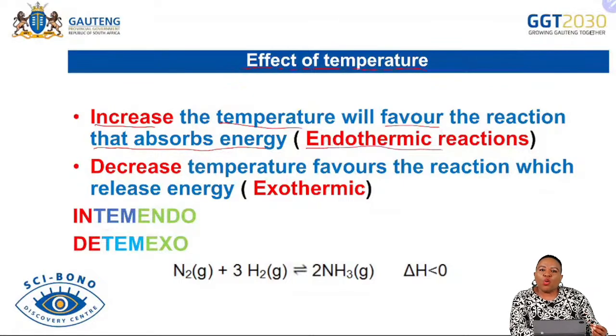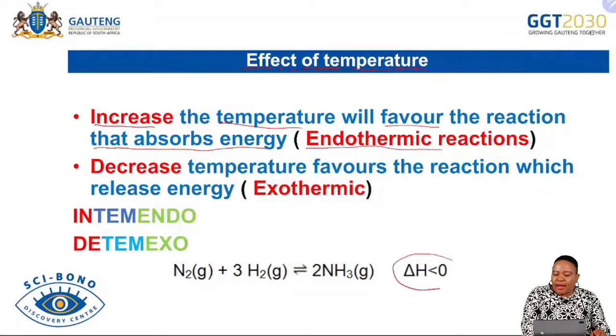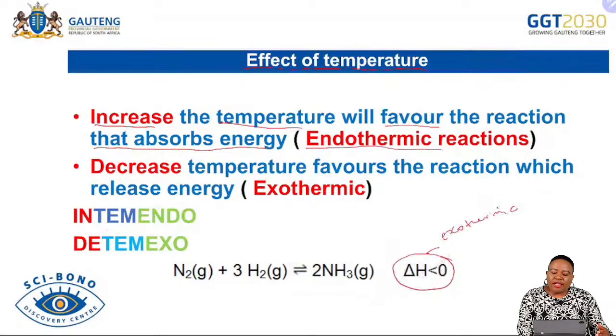The first thing that you are going to do is look at the heat of the reaction. As we can see here, we are told whether our reaction is endothermic or exothermic by using the change in H. So you can see that our delta H is less than 0. If delta H is less than 0, it means our reaction is exothermic.